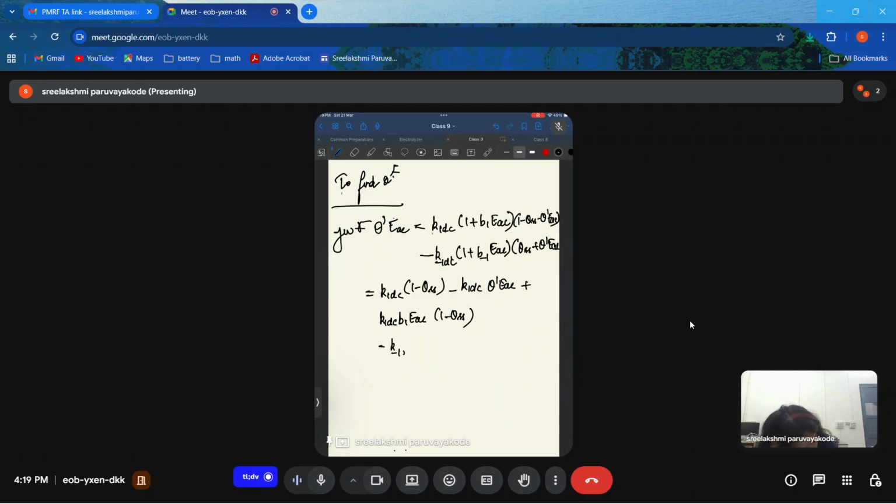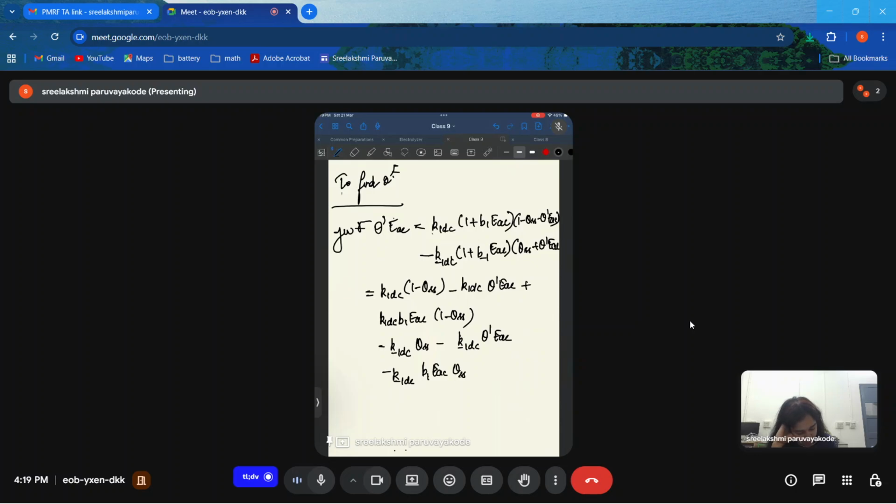Next is K minus 1 dc theta SS minus K minus 1 dc theta dash EAC, and the last term is minus K minus 1 dc B1 EAC theta SS. The last term K minus 1 dc B minus 1 EAC theta dash EAC wouldn't come because EAC square is again very small, so we can neglect it.